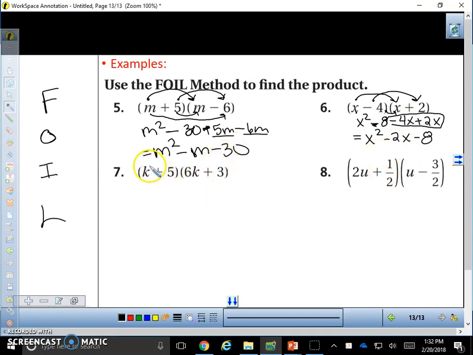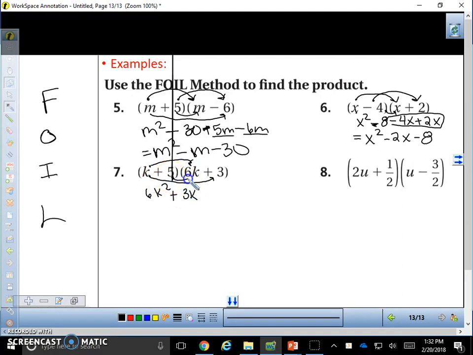Again, first to first, 6k squared. Oh, I'm supposed to do outer. K times 3, 3k.